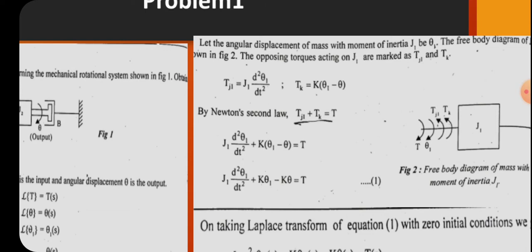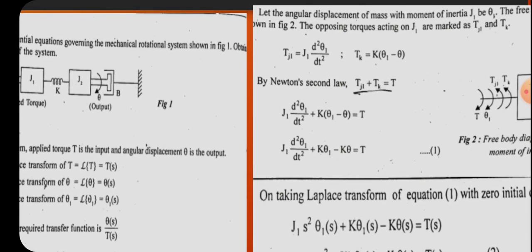You got the differential equation corresponding to the moment of inertia of the mass J1.